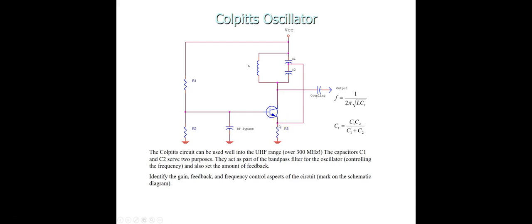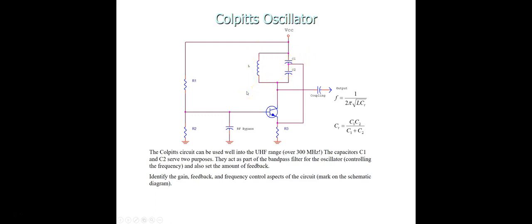And you see the collector AC output flows into the resonant tank formed with this inductor and these two capacitors C1 and C2. So this basically forms a bandpass filter that controls the oscillator frequency.